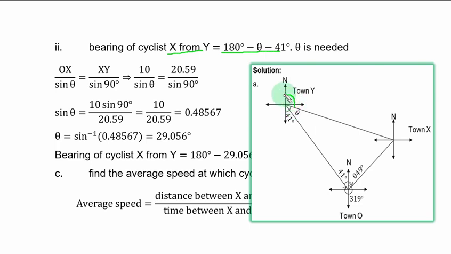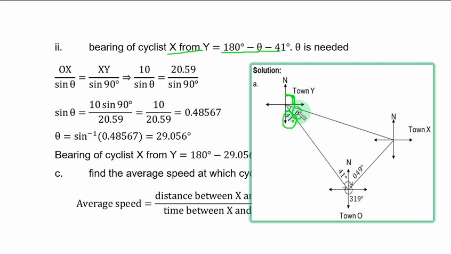This is the bearing, the angle you must get. To get that angle, you know that half of the quadrant is 180 degrees. So if you subtract theta and 41 from 180 degrees, you get the remaining angle. So you must calculate theta.